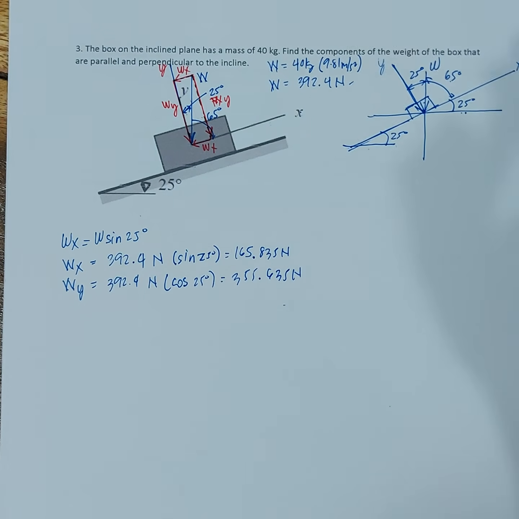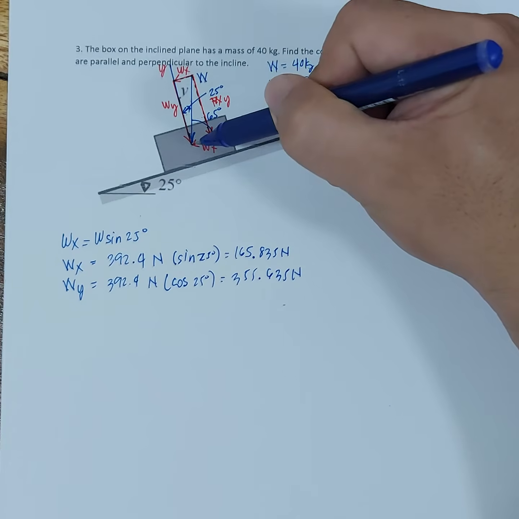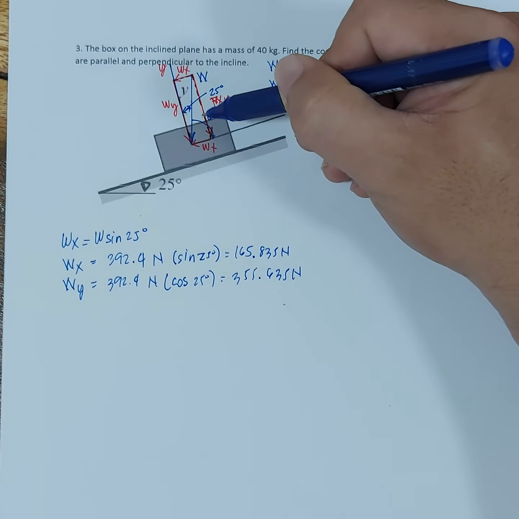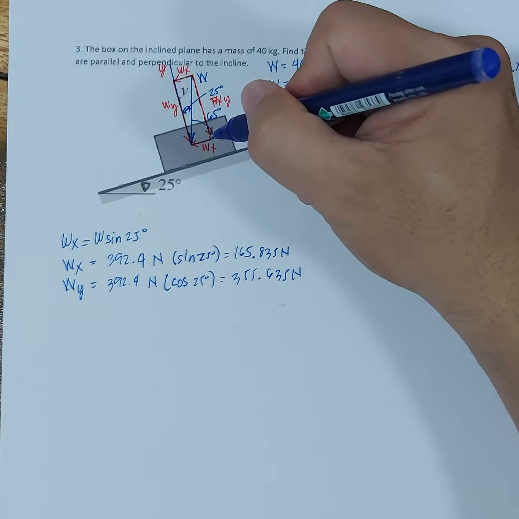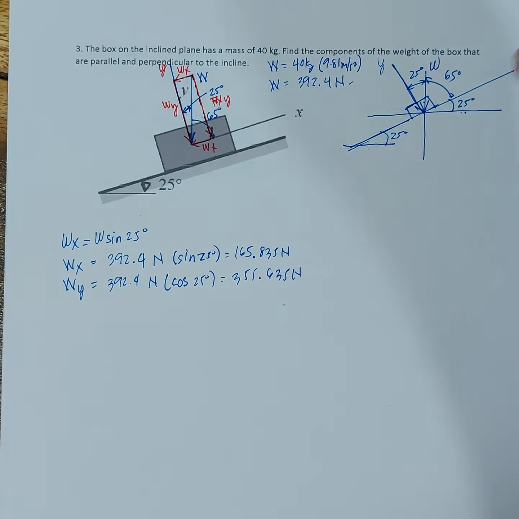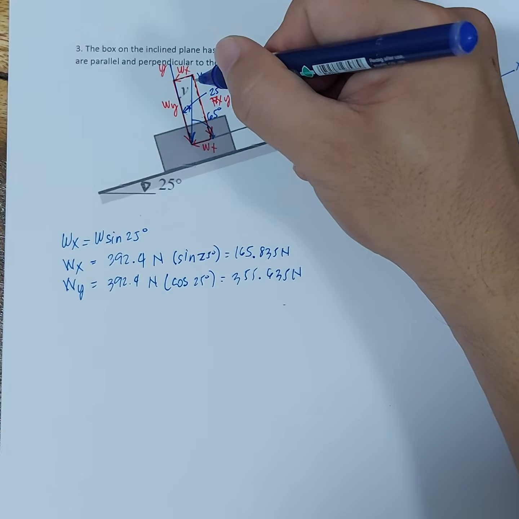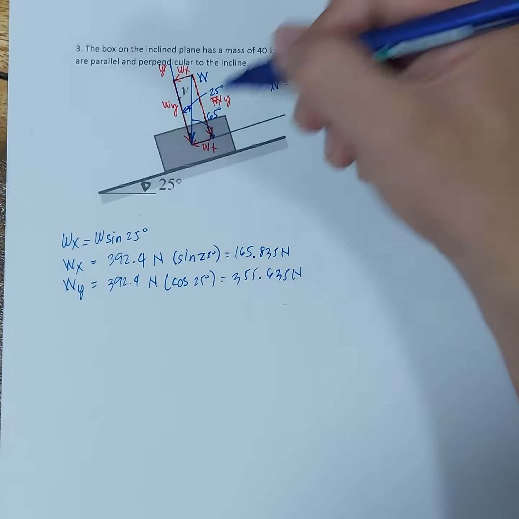Next, what if we use this triangle? Itong triangle naman, isang triangle natin, ito. Ayan. Okay? So we're going to use this angle. Angle natin ito ay 65 degrees. So this time, ito yung ating WY, WX.